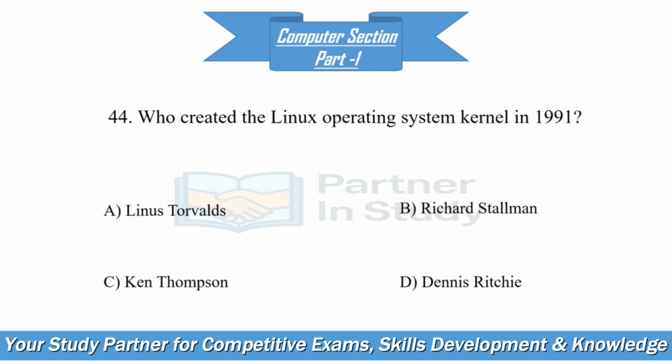Who created the Linux operating system kernel in 1991? The right option is option A, Linus Torvalds.